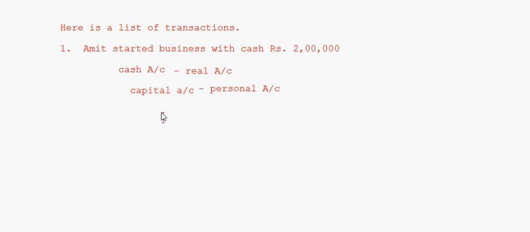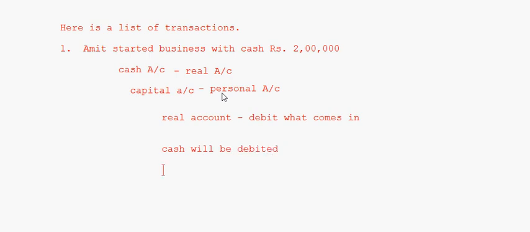Now we are making the accounts for the business, right? So for the business, cash is coming in. Real account, debit what comes in. The rule for real account, debit what comes in, right? So cash is coming in means cash will be debited, right?